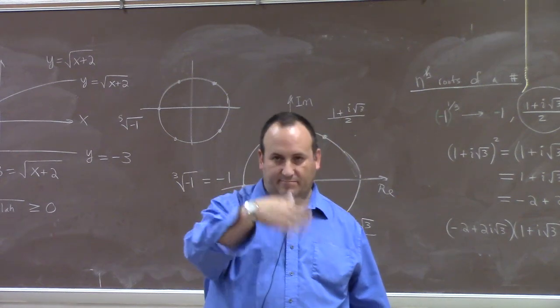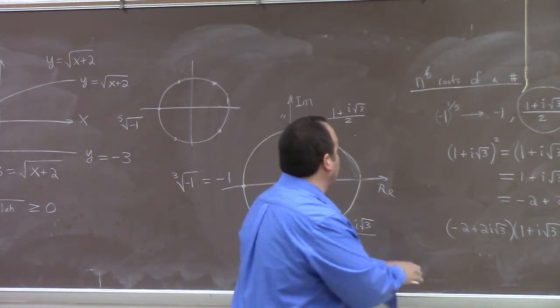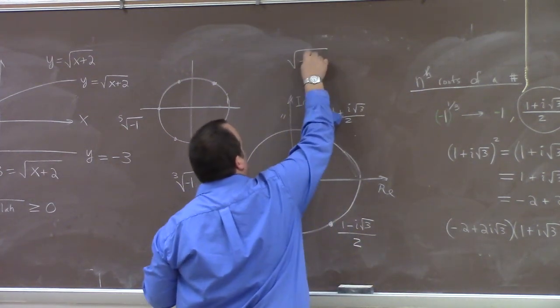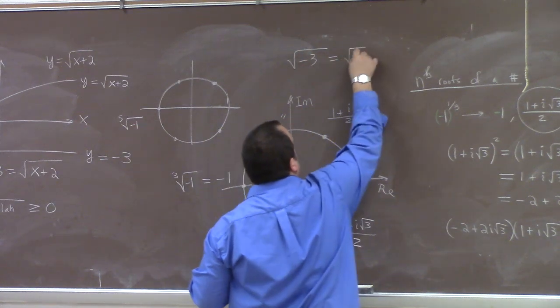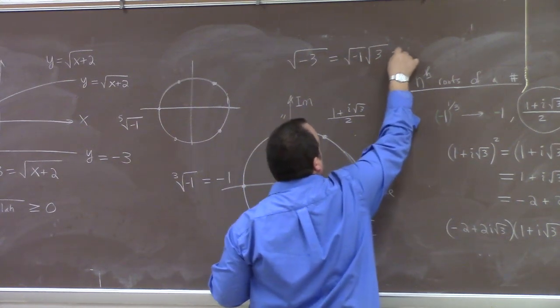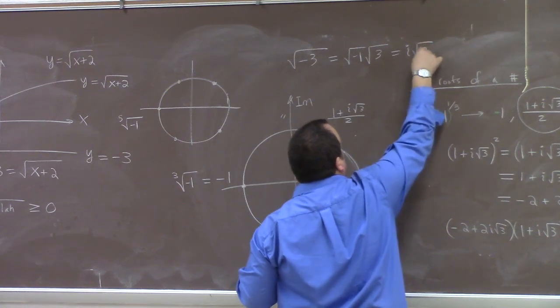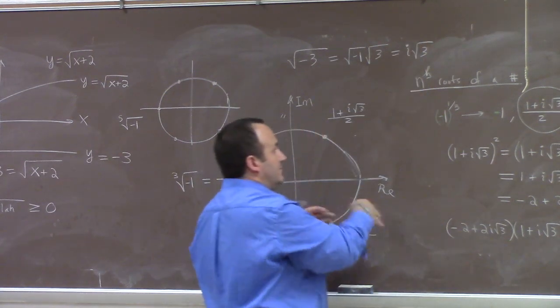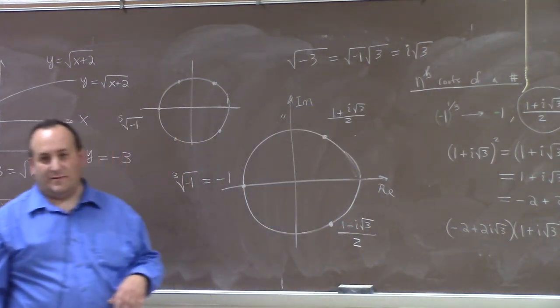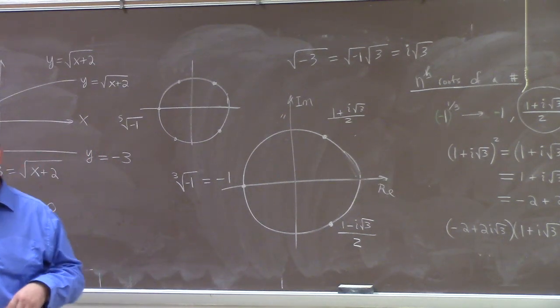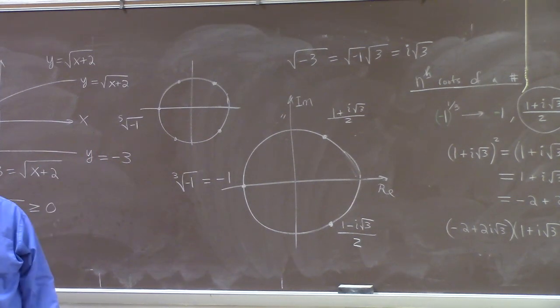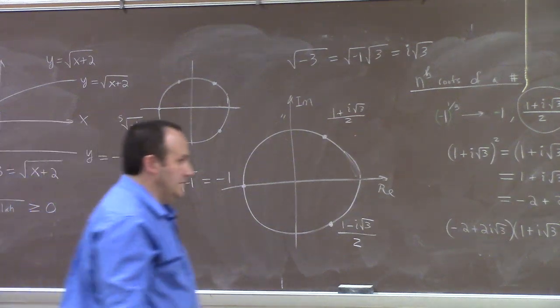Like square root of minus 3 is square root of minus 1 times the square root of 3, which is I root 3. That's the most complicated use of complex numbers that we get to in here. It's pretty much just that. And we need that for the quadratic formula, so that's why we have to do it. Maybe I shut up, let you guys go.